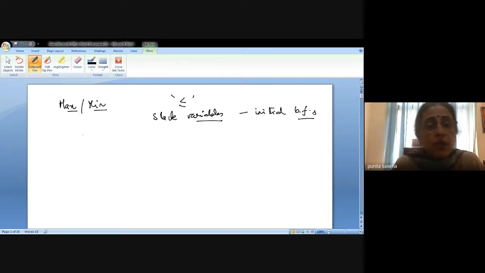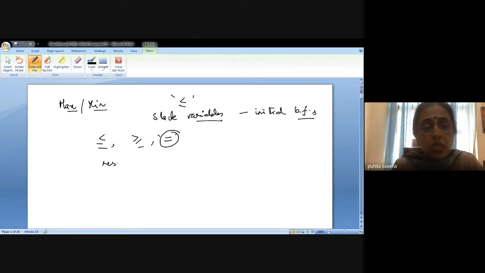Now, supposing you have a mixed set of constraints, in the sense that you have less than or equal to types, more than or equal to types, and also equality types. We can come across situations where the constraints are exactly equality types. So what do these inequalities represent in constraints?